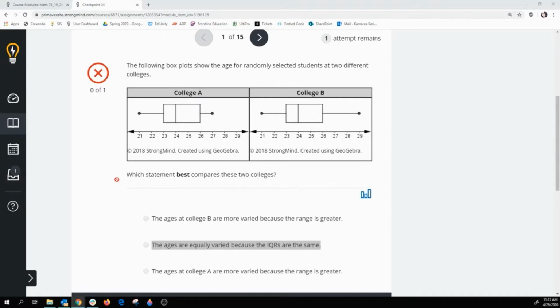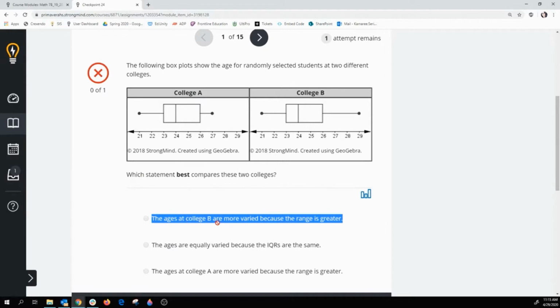So for this one, I just checked it. This one, it's actually college B is more varied because the range is greater. So this helps solidify it in my mind.